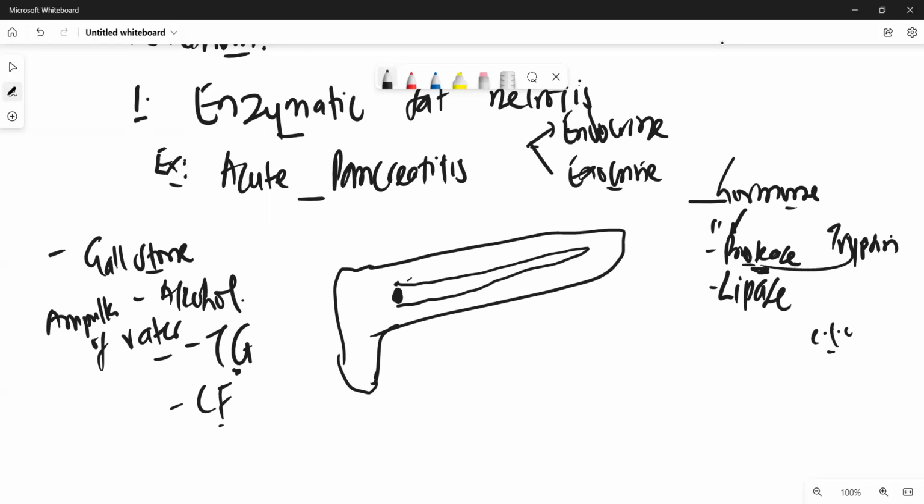So this protease enzyme becomes activated inside the pancreas, and as a result, it will start to digest the pancreas. When you look around the pancreas, we have what we call the peripancreatic fats.